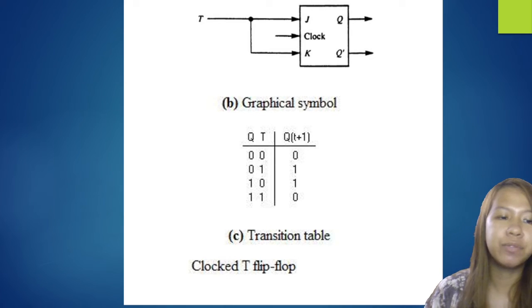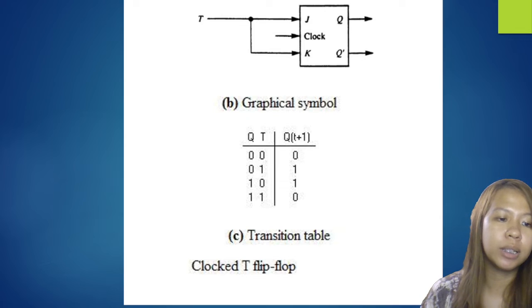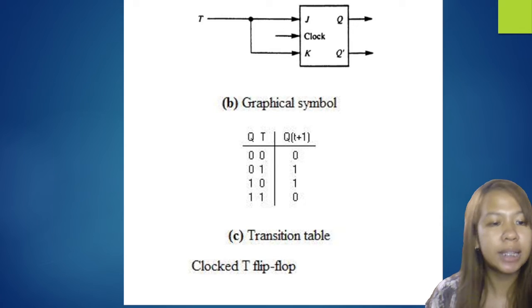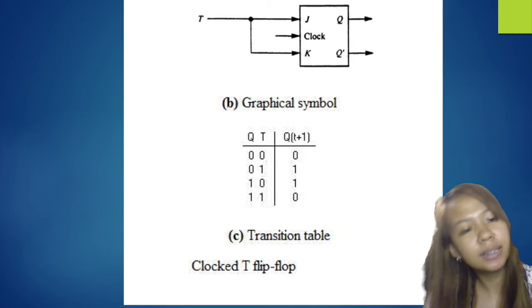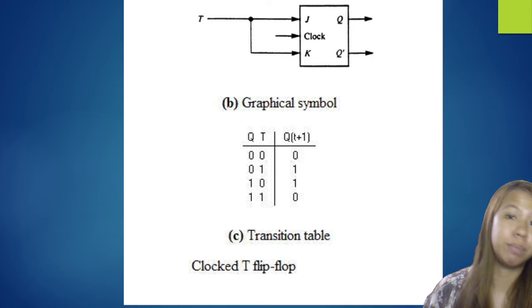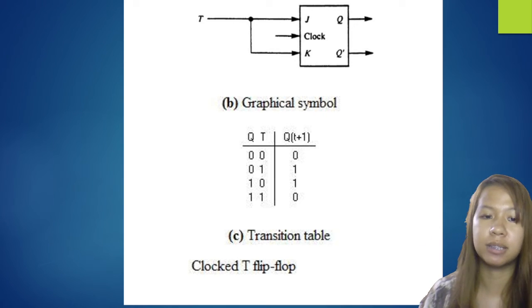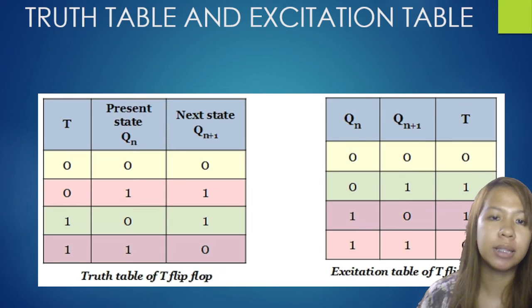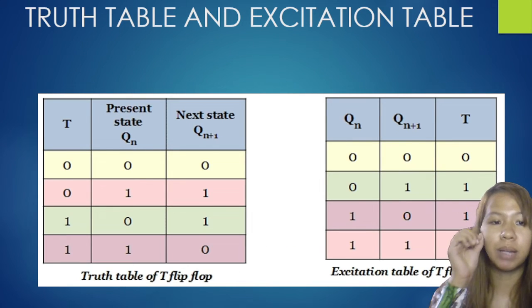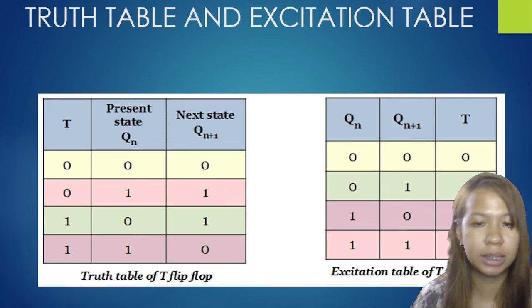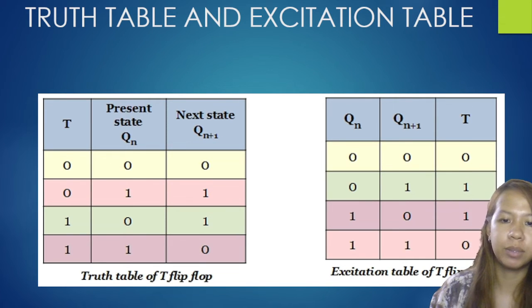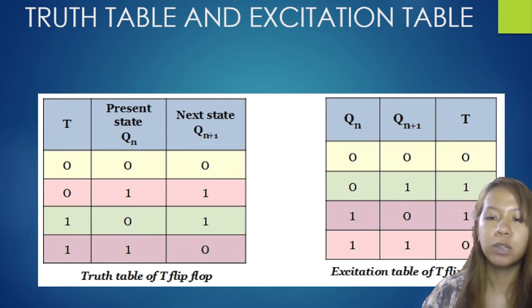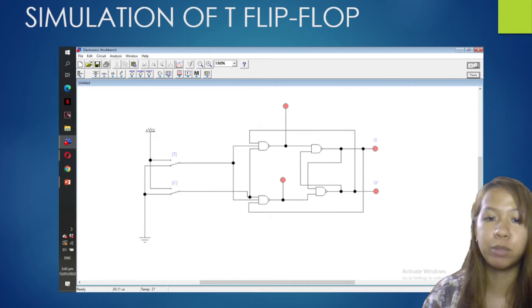If T is 1 and the present state is 0, then the next state is 1. If T is 1 and the present state is 1, then the next state is 0. That's what I showed in the transition table. This is the truth table and the excitation table of the T flip-flop. I have already explained this one, so we are going to proceed to the simulation.